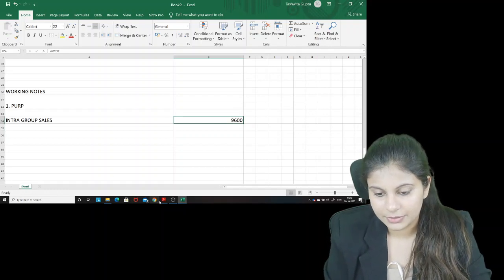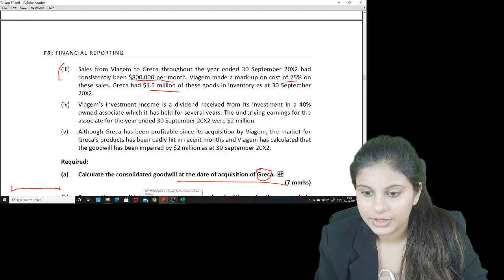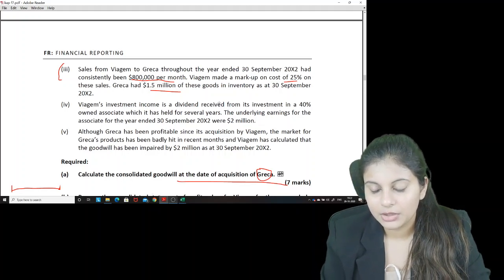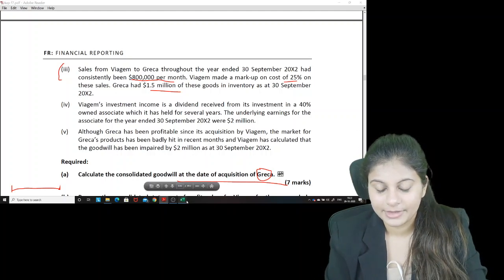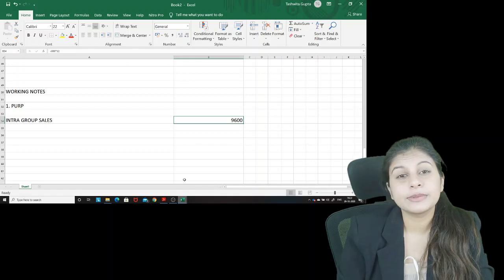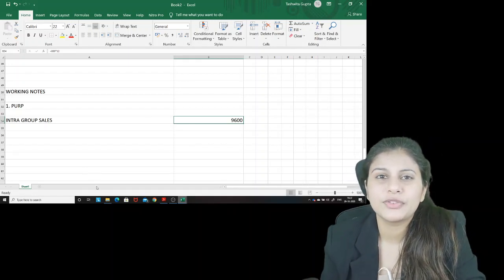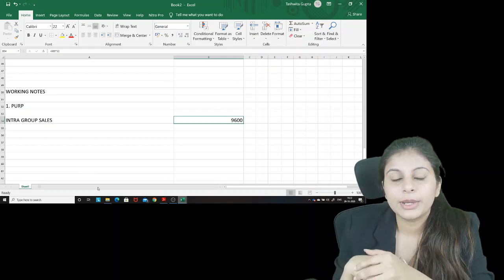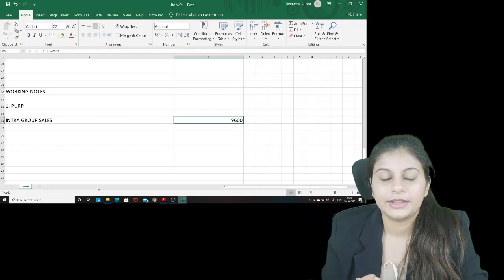Let's just confirm it once more. Okay, consistently 800,000 per month, and a markup on cost of 25%. So how will I take into account this markup? It's up to you. Some people use this formula of 25 divided by 125, but I don't believe in cramming stuff.